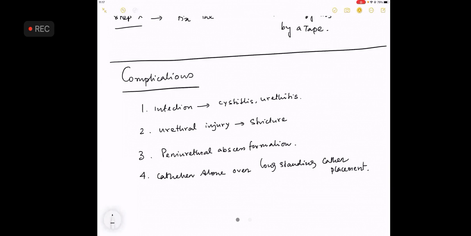So, infection, urethral injury, periurethral abscess formation, catheter stones over long standing catheter placement. Please tell me if you have completed writing.